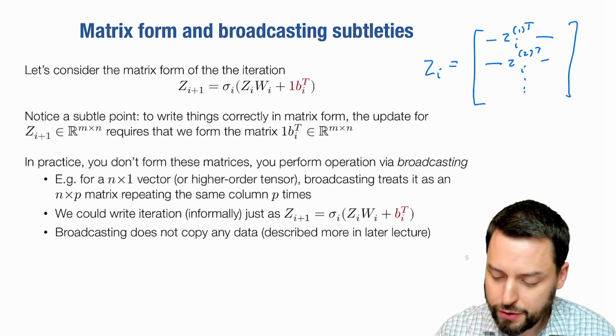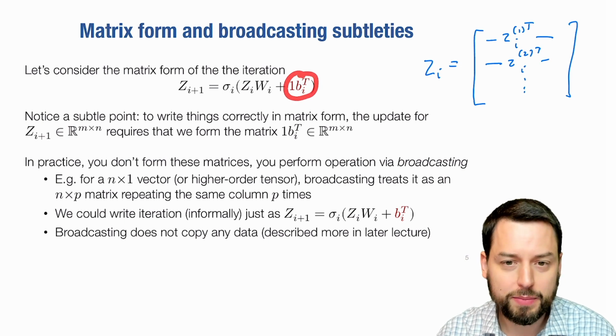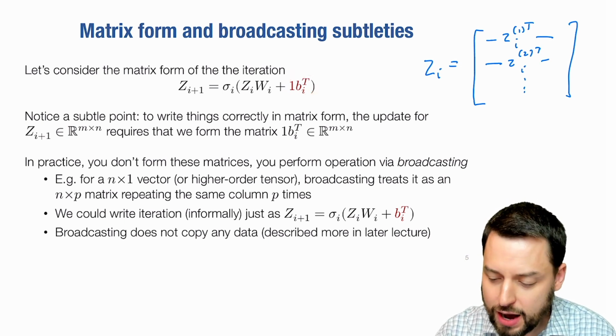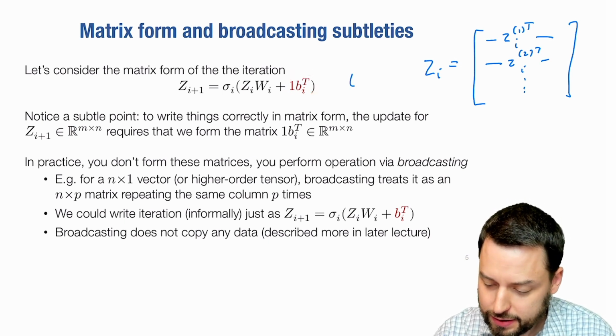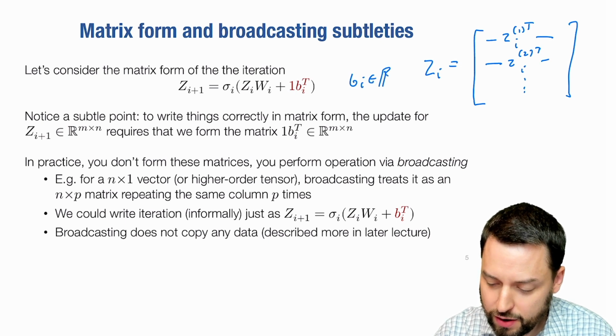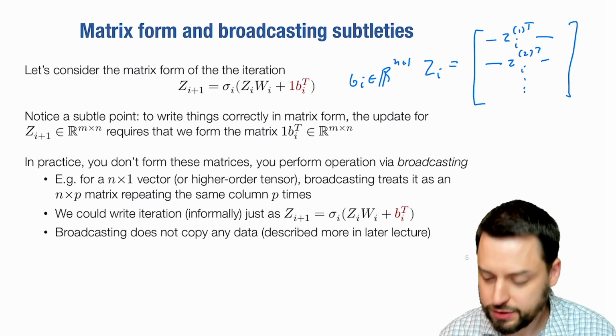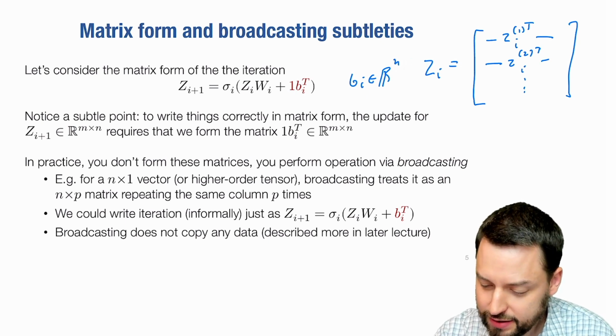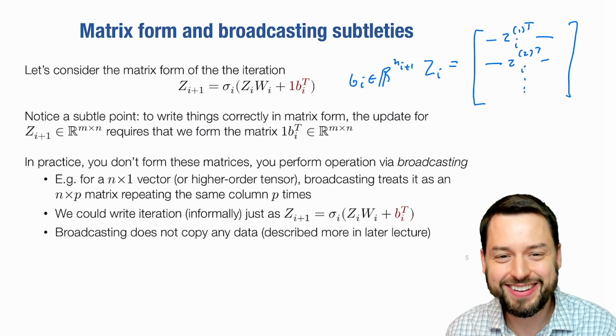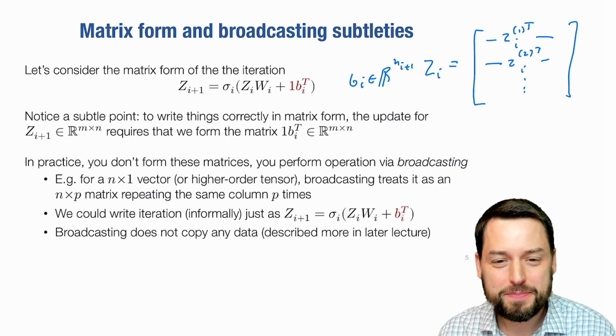The difference here, though, comes in the bias term. Remember, b_i is a vector in R^(n_(i+1)).